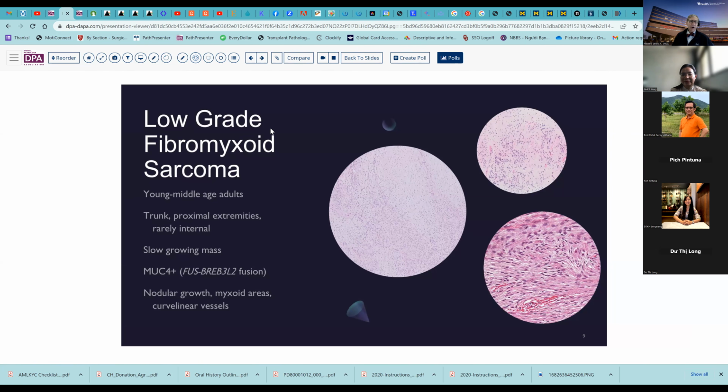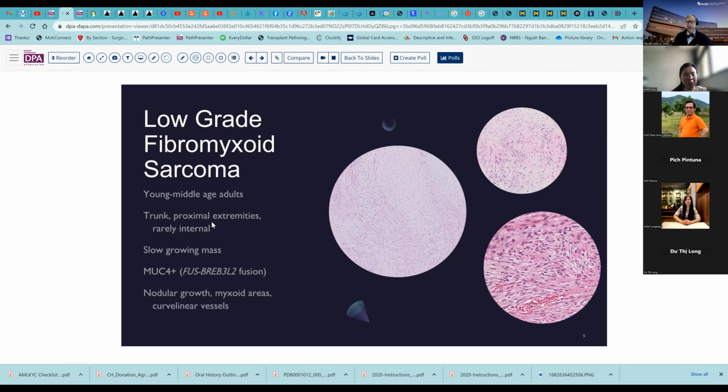Now, another tumor that can have this histology is low-grade fibromyxoid sarcoma. And this is a tumor that is usually slightly younger than GIST and very different location. It tends to be on the trunk or proximal extremities, and only very rarely would it occur internally.